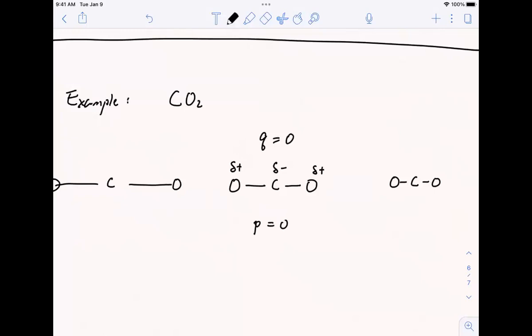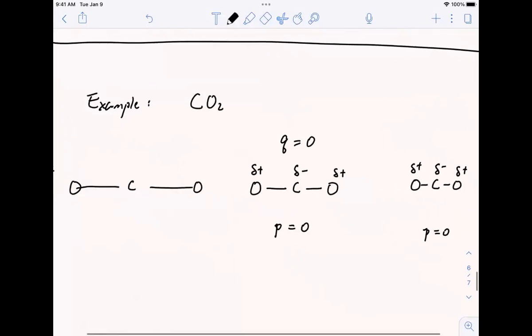So what is the dipole? The dipole is 0. Okay, and you have just the same thing here. Actually, it doesn't matter how much they oscillate. The dipole is always 0 because it's symmetric. Okay, it doesn't matter how far away. Of course, this delta and this delta will be somewhat different, because once you change the molecule, the amount of electron transfer will slightly be different. Anyway, delta just means small.